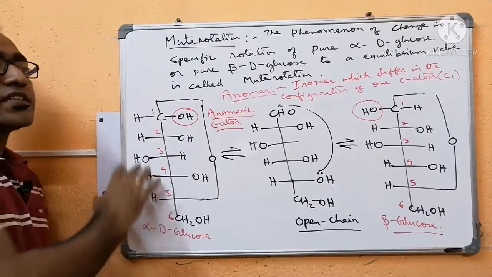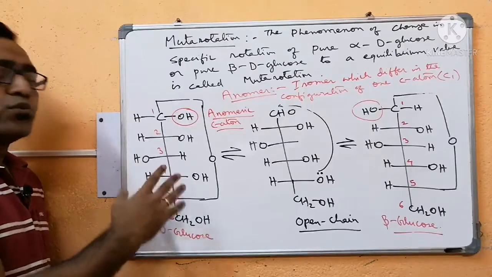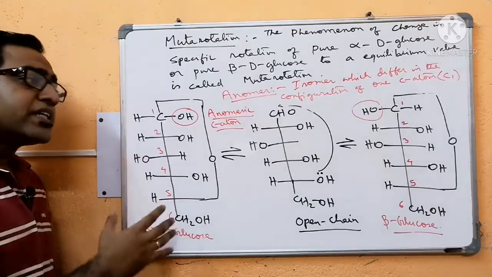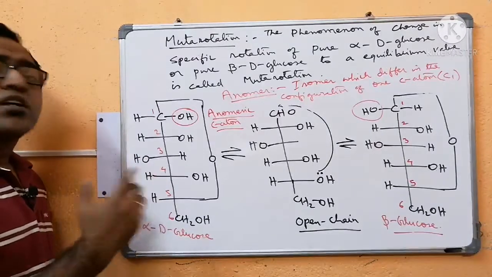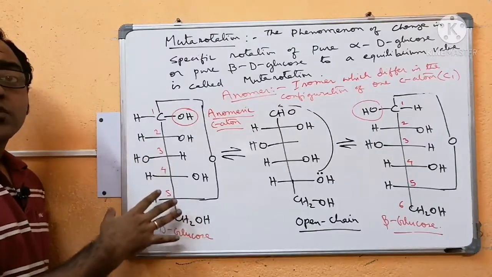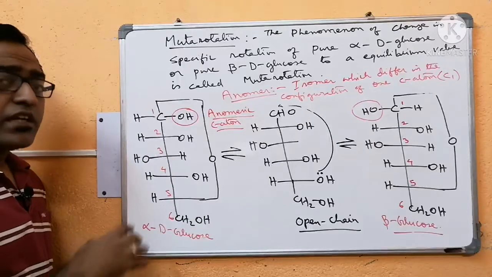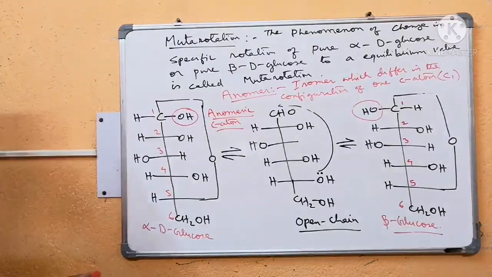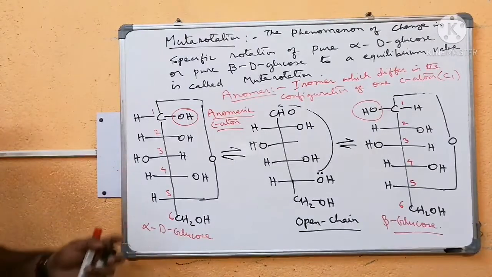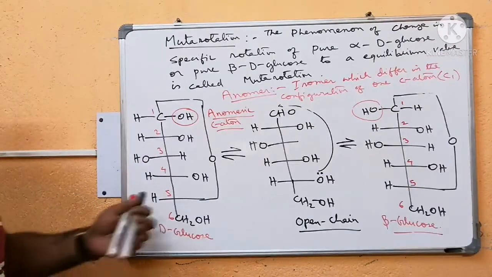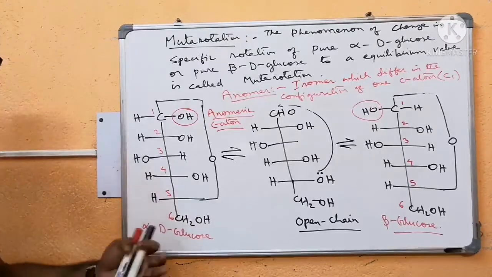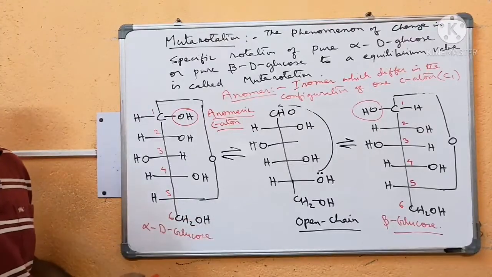Now we have learned the cyclic structure of glucose. The cyclic structure of glucose is best presented by Haworth's structure. Here we have drawn the Fischer projection structure. Next we have to learn what is Haworth's structure. You will get questions in your CBSE exam: What is meant by pyranose structure of glucose? What is meant by furanose structure of glucose?